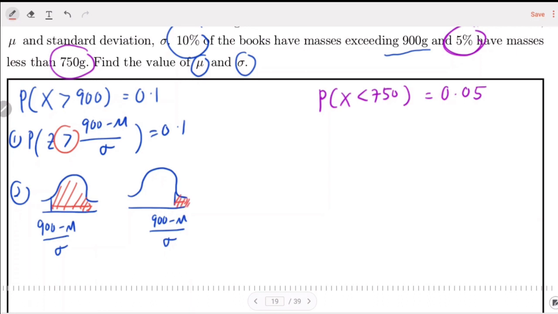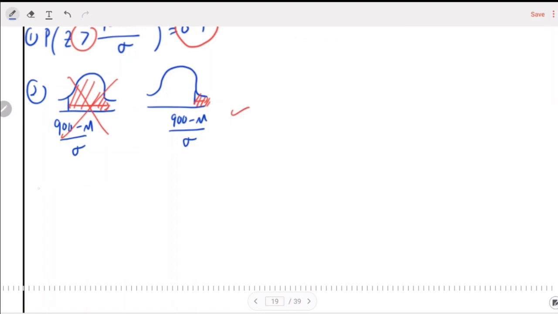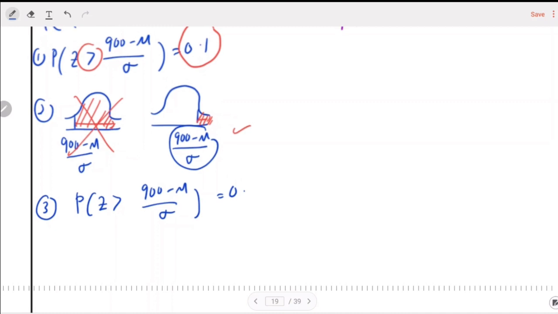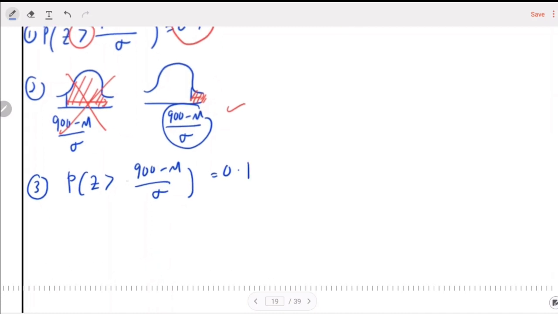And the bell shape that is suitable with 0.1 probability, which is very small, is actually the right one. Next, proceed with the third step, to identify whether we need to put 1 minus or not. Since we didn't shade the middle part of our bell shape, we don't need to put 1 minus. It's just going to be Z greater than this value here, equal to 0.1. We don't need to multiply it with negative since our Z lies on the positive side.